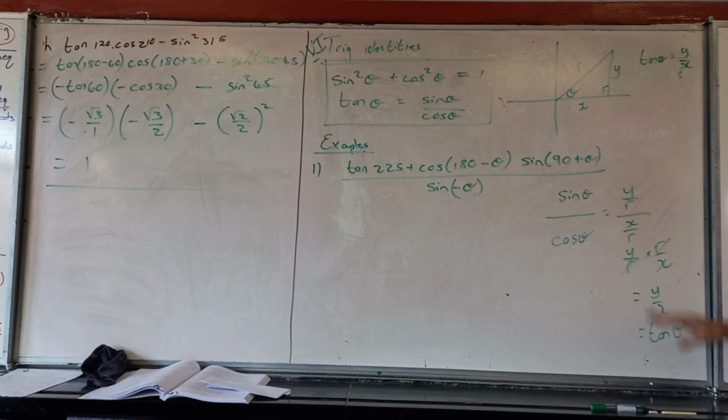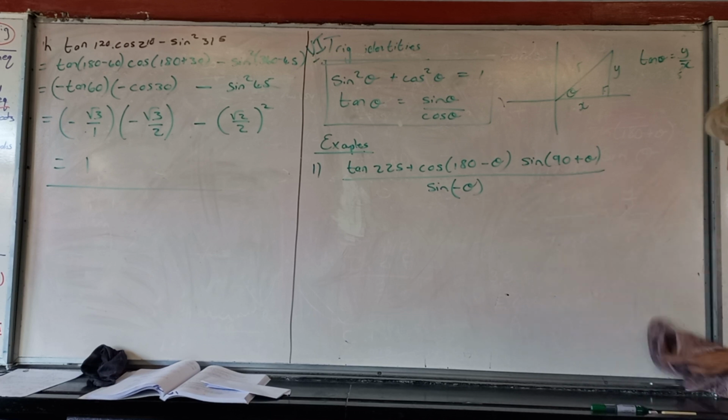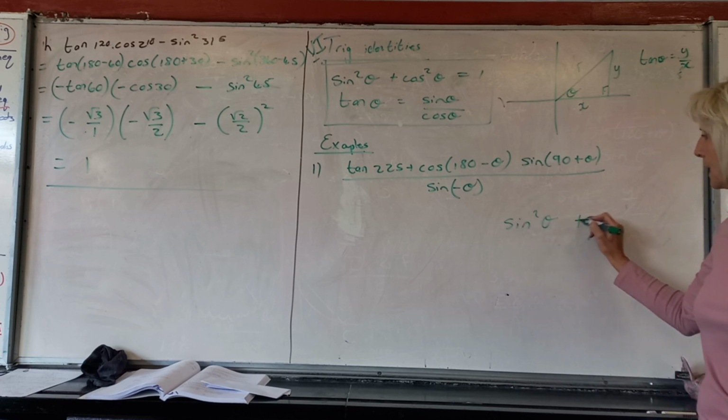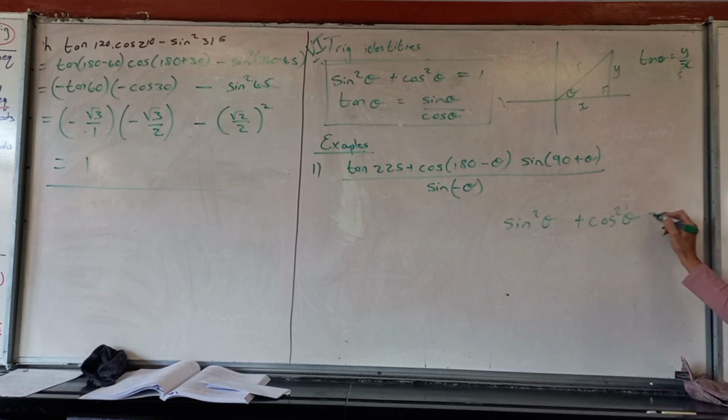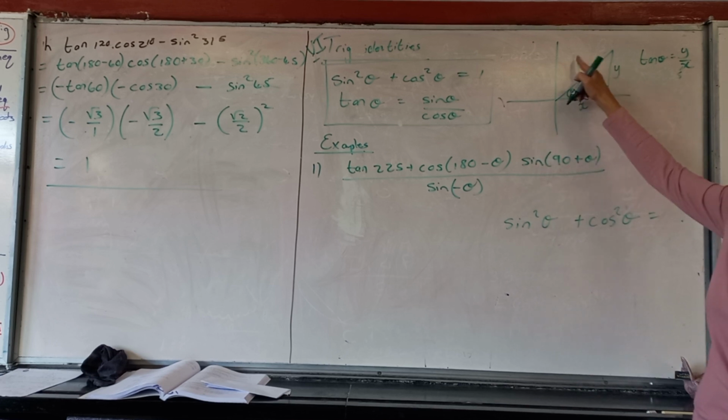What about the other rule? So that's actually how you prove that rule. How do we prove the other rule? That sin squared plus cos squared is equal to 1. Same thing. Let's do sin squared and cos squared and see if it's equal to 1. Sin, again, is y over r, do you agree?